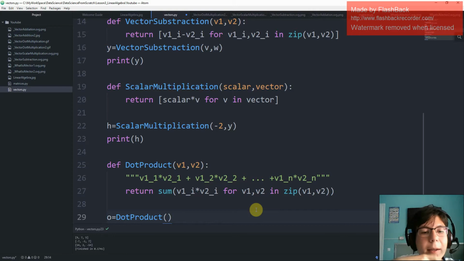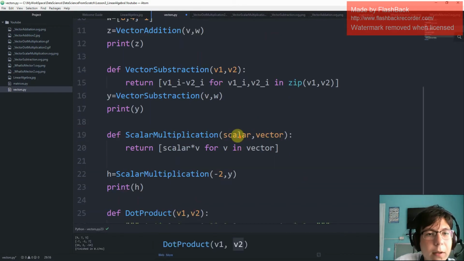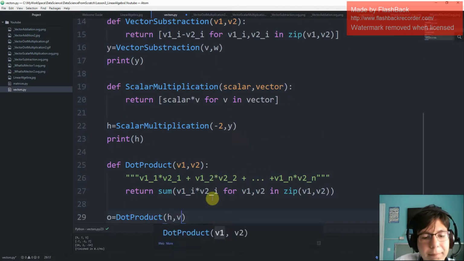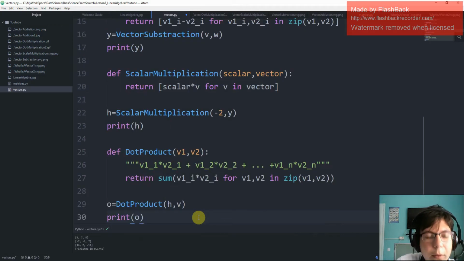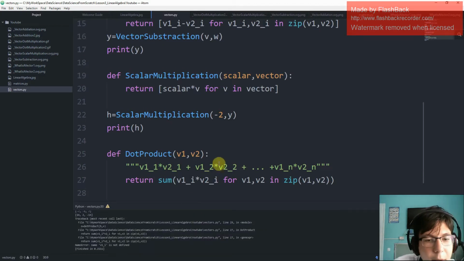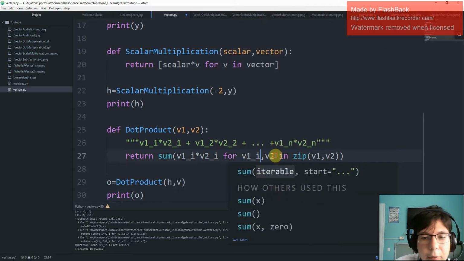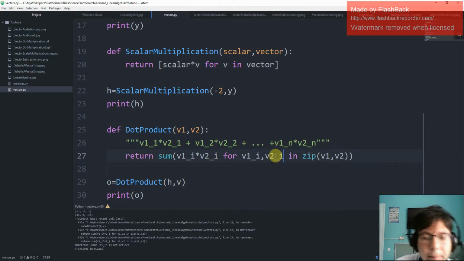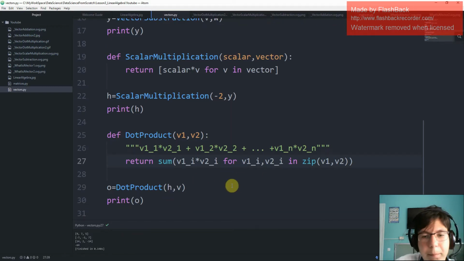And let's make it the dot product of two vectors, let's say H and V. And let's print the value of O. So let's see here, we have forgotten the variable, and now it works.